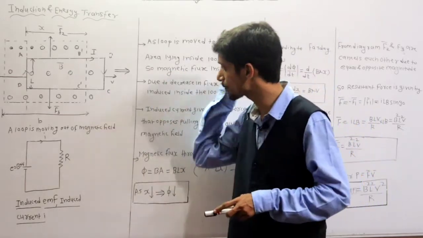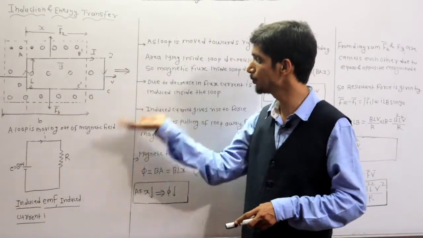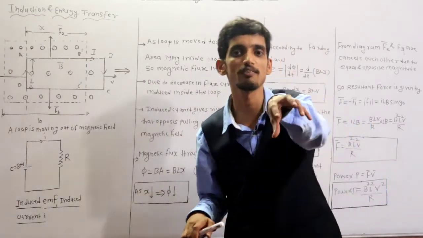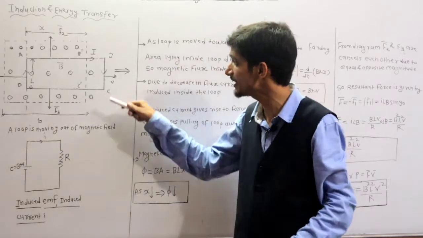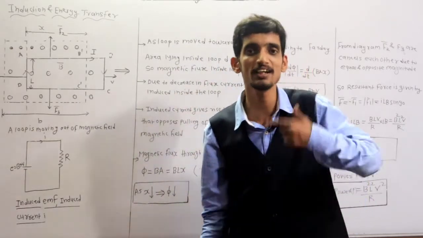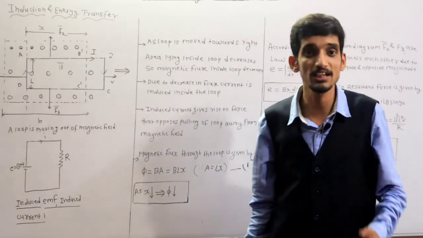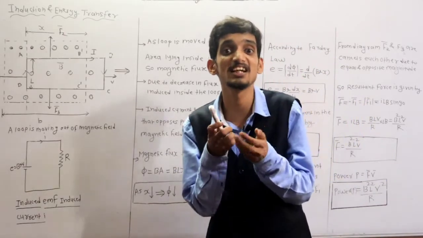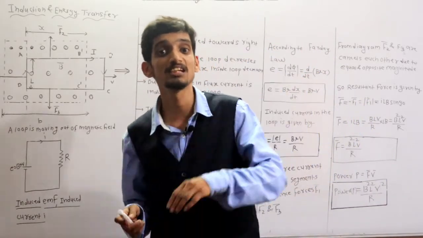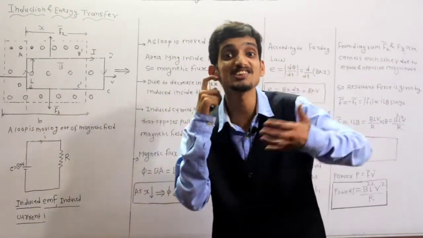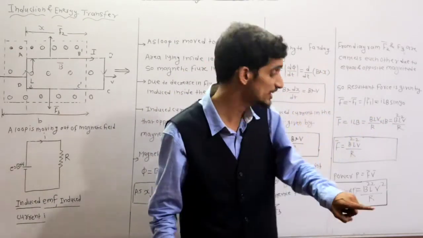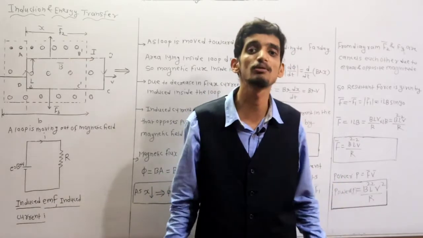When I apply a force on this segment and pull it towards the right side with constant velocity V, I am doing mechanical work, because mechanical energy is applied. That mechanical energy is never wasted. It is converted into electrical energy, and that electrical energy appears as heat.